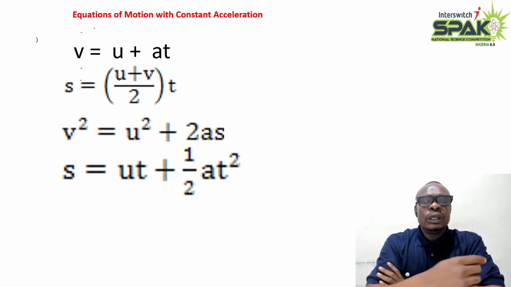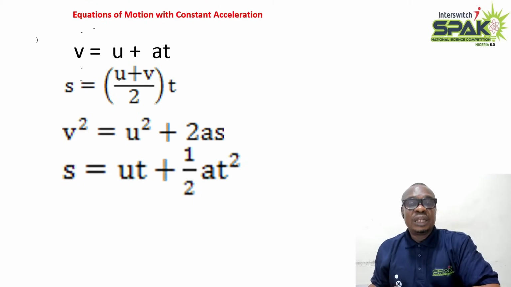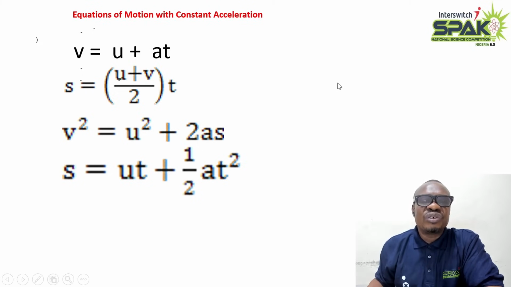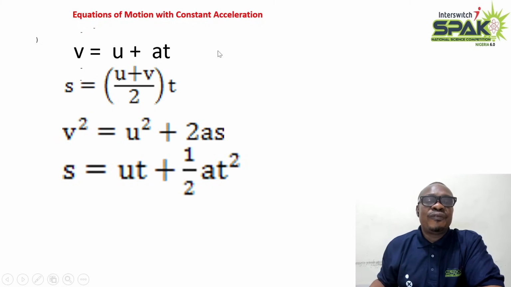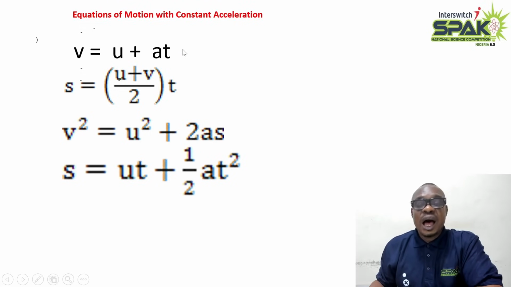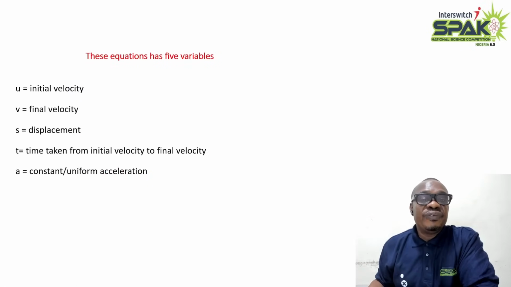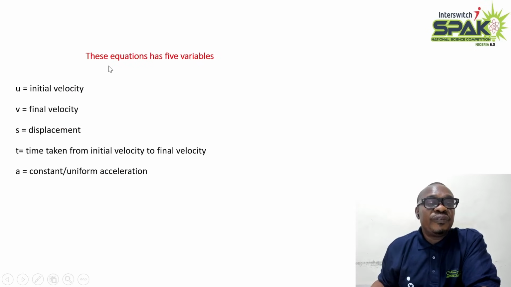All right. One important thing you should know is how to derive these equations. First you should know the variables, what each of these letters stands for. After which you should be able to know how they are derived. So let us begin with the variables. There are 5 variables. The first one is the initial velocity, u.